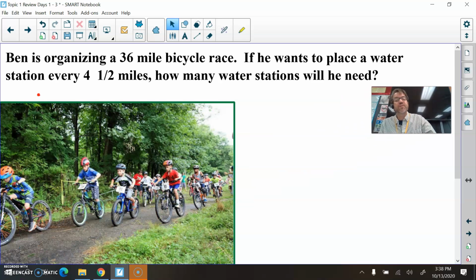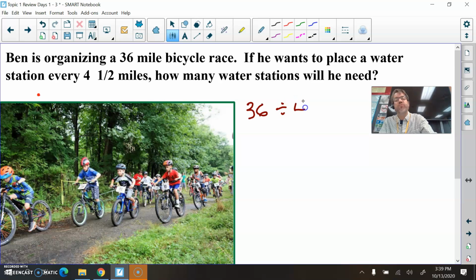So if there's a water station every 4.5 miles, how many of these will fit into 36 miles? It sounds like a division problem. 36 divided by 4.5.